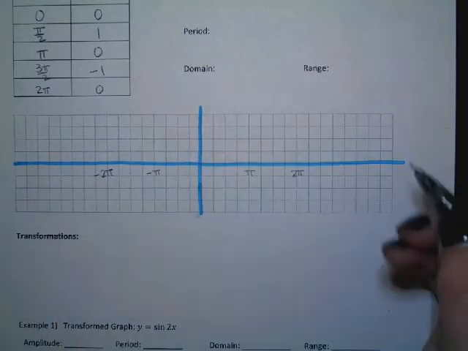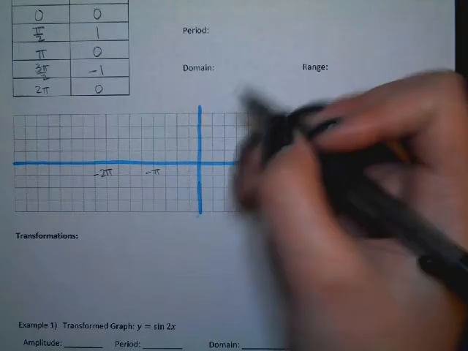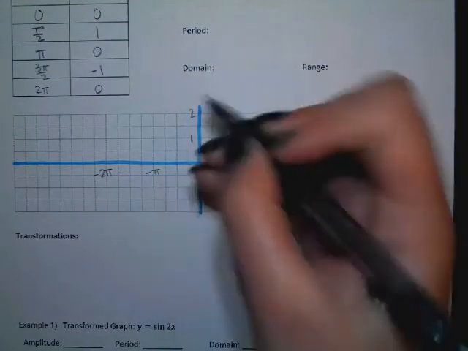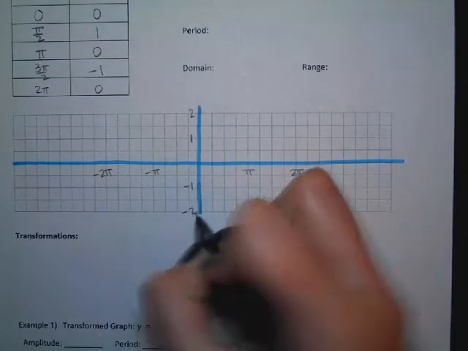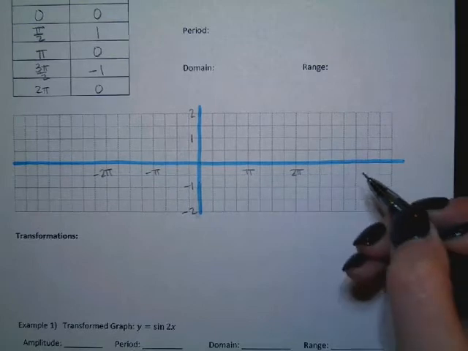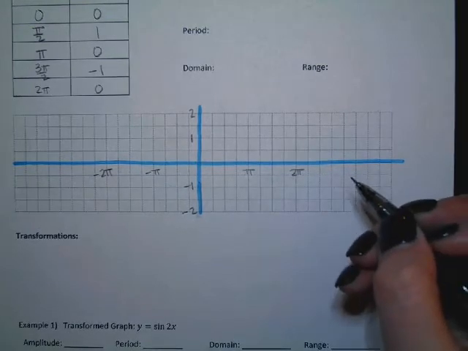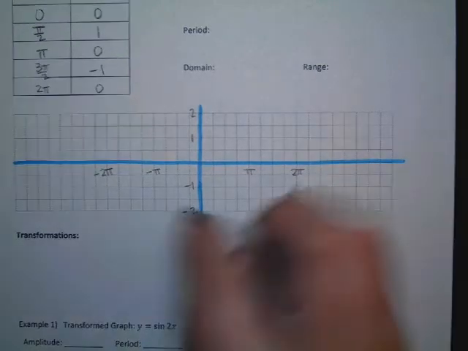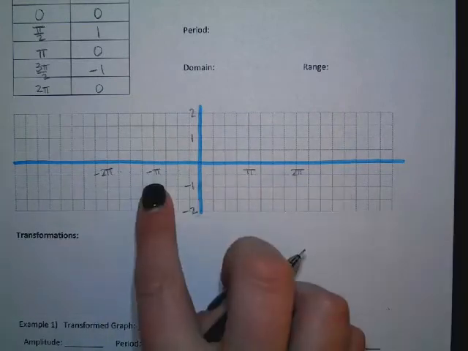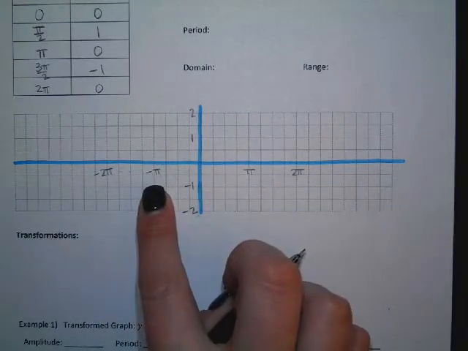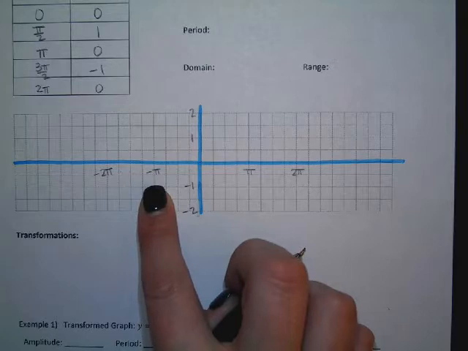And then up here, maybe I'll go by 2. So 1, 2, -1, -2. I could have gone by 1s. It's up to you. It's very important when you graph these that you label how you graphed them, the numbers, because everybody does it a little bit differently, and it would make a difference for how you graph it.